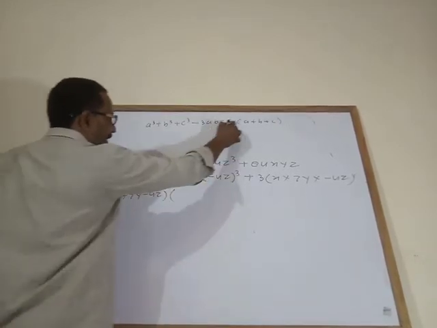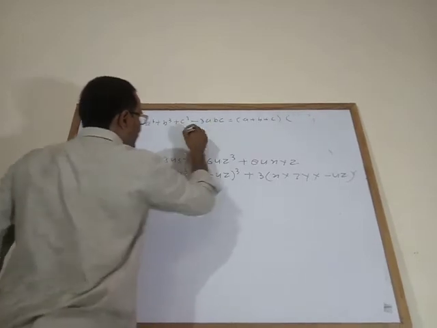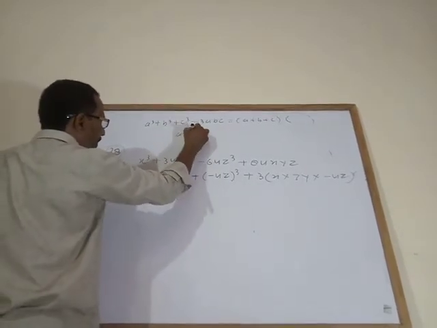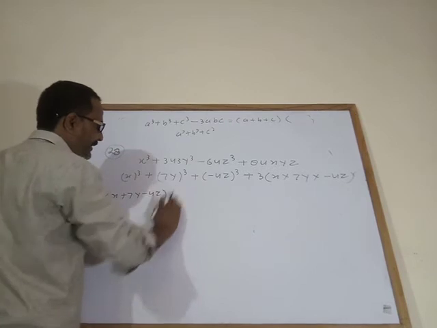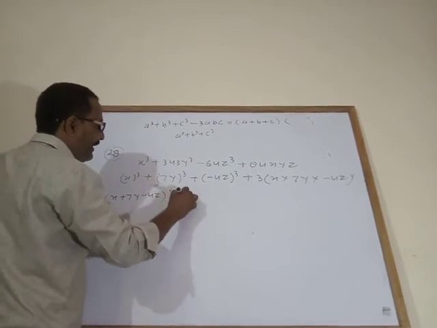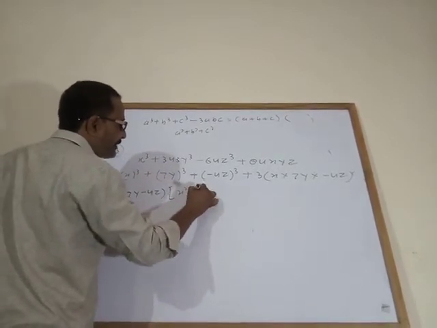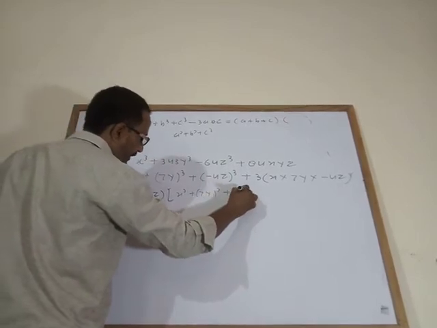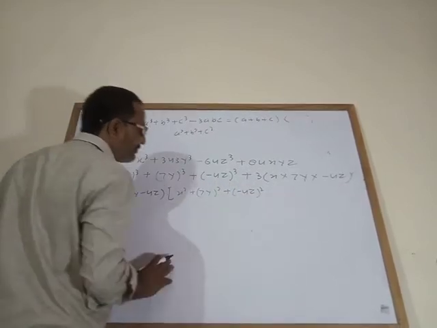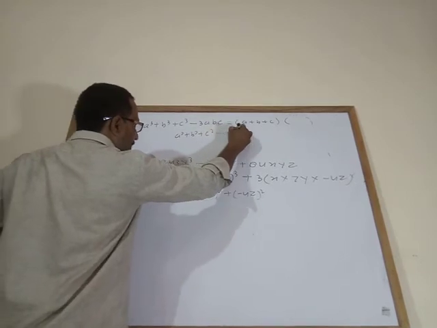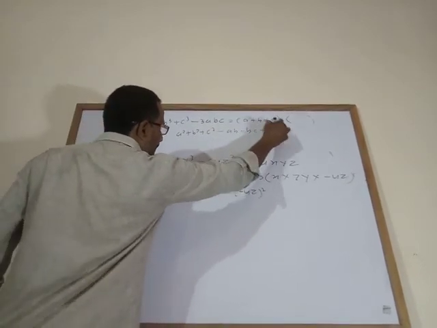In the other bracket a square plus b square plus c square, I am writing x square plus 7y square plus minus 4z square minus ab minus bc minus ca.